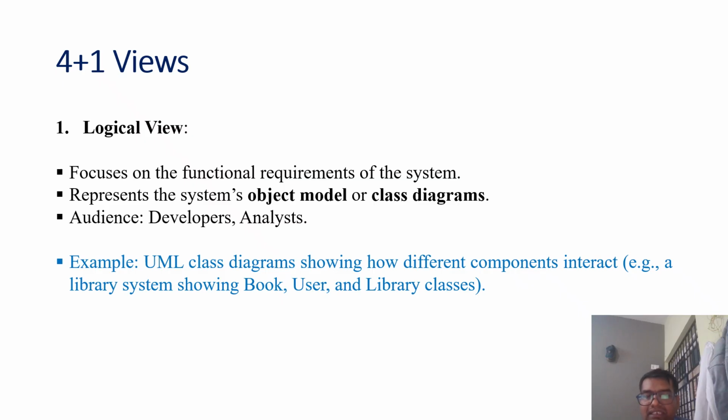For example, a UML class diagram showing how different components interact, such as a library system showing book, user, and library classes. Other UML diagrams which can represent the logical view include the class diagram and the state diagram.